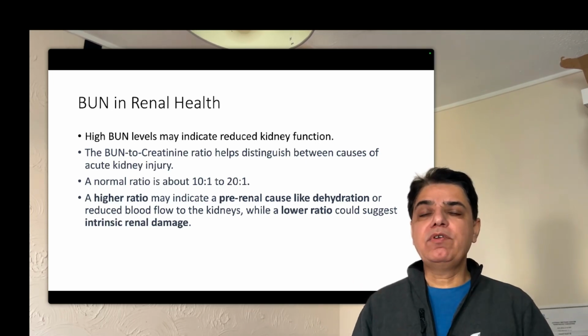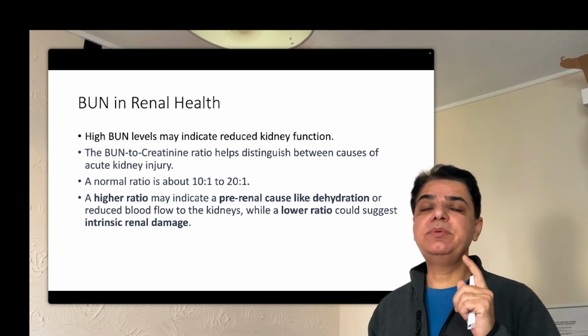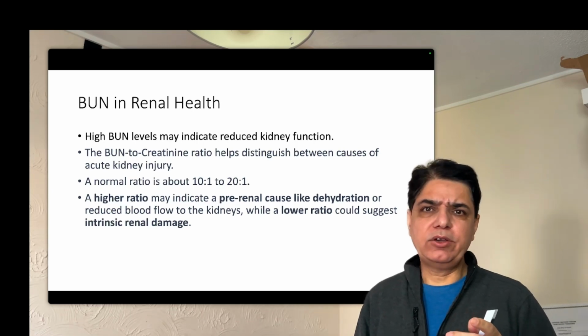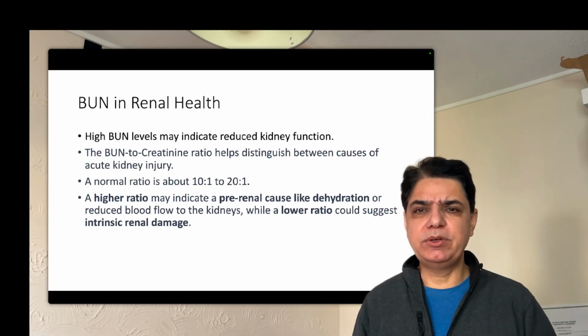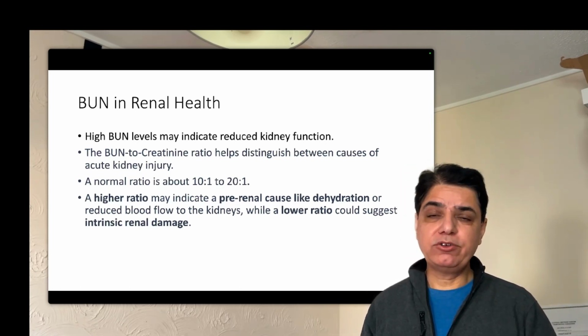But if both are increased but the ratio is the same, then it means that there has been an intrinsic renal damage. For example, it can occur in acute glomerulonephritis. It can occur in any condition in which the kidneys have been damaged. So that was blood urea nitrogen to creatinine ratio, or BUN to creatinine ratio.